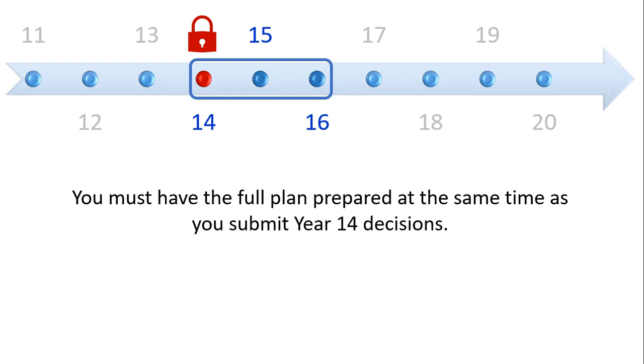This means that you must lock in your prediction during the first year of the plan. For this example, it is year 14. You'll make all of your performance predictions in that year. Then as each year happens, your actual results will be compared to those that you predicted. The closer your prediction, the better the score for your plan.